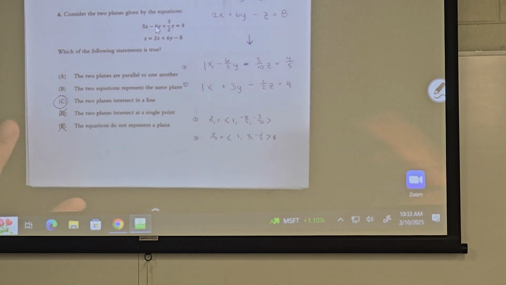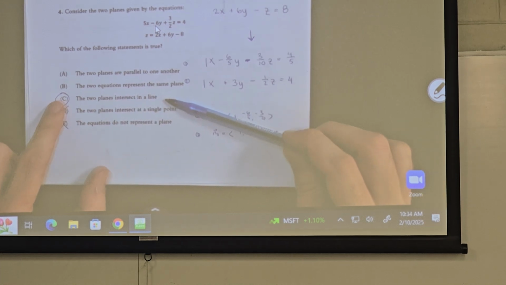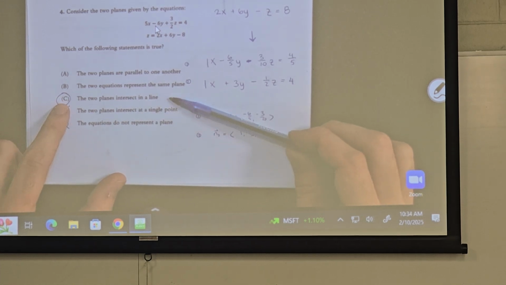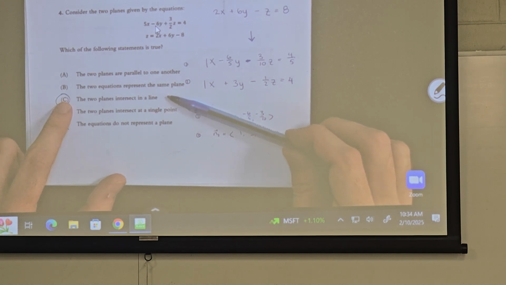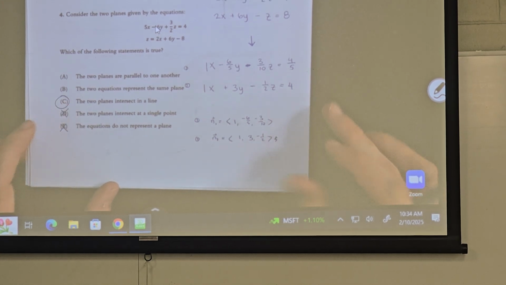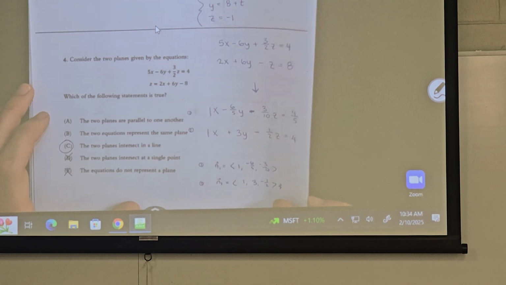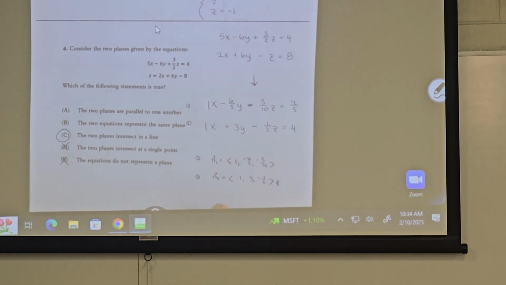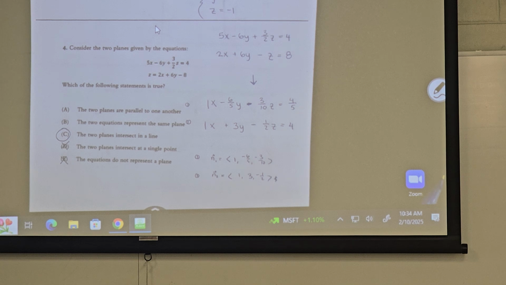We're responsible for understanding that another way of saying that two planes aren't parallel is that they would intersect in a single line. Please ask questions on 3 and 4. Could you solve for it being perpendicular?